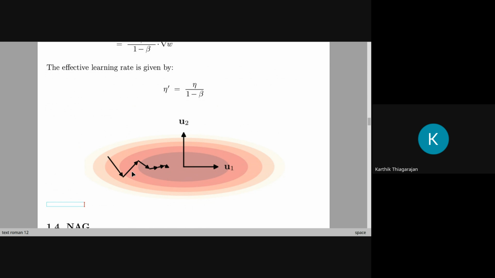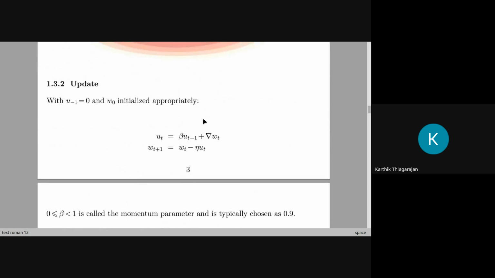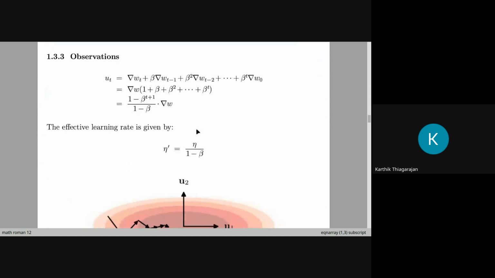Can you see why in the vertical direction the oscillations have come down? By looking at this equation, why do you think so? Because this equation is about W, not B. Correct. Okay, can you tell me what happens by looking at this diagram?